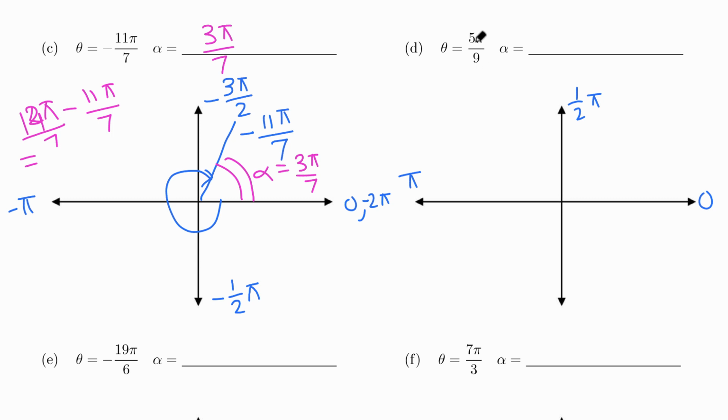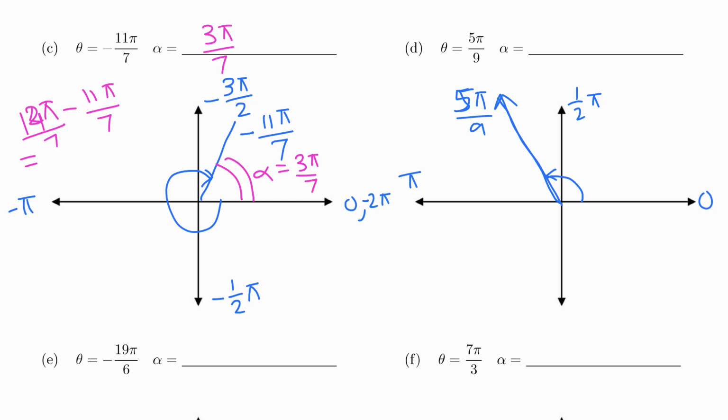So this is a little bit bigger than half pi. So it will be somewhere here. So this angle is 5 pi over 9, bigger than 1/2 pi, because 5 over 9 is bigger than 1/2.